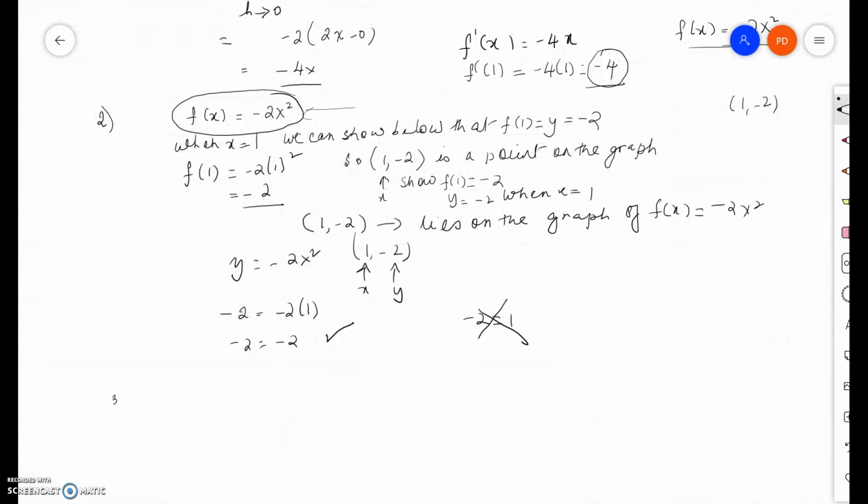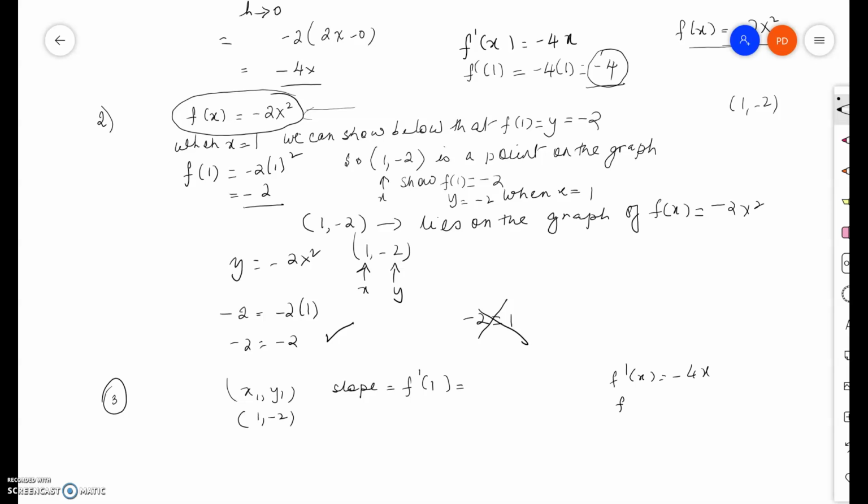Now, finally, if we had to find the equation of the tangent line, we need a point and we need the slope. We know that the point is (1, -2). At x equals 1, f prime of x is equal to -4x.